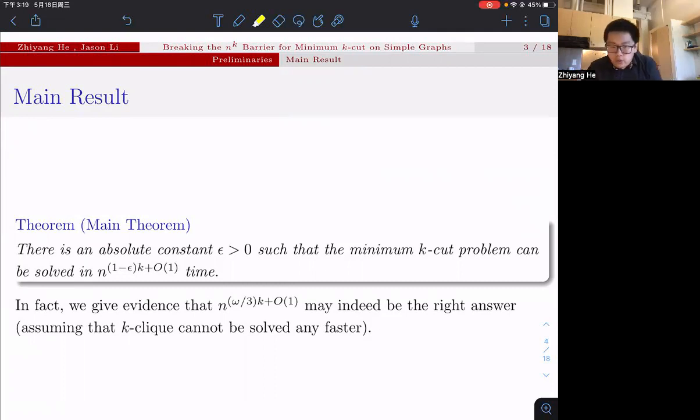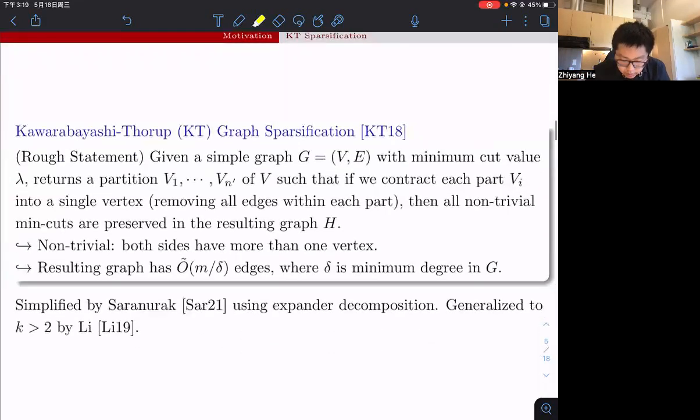Okay. So before we get to our main algorithm, let us try to lay down some motivation and intuition. We're going to introduce the most important technical component used in our proof, namely the Kawarabayashi-Thorup graph sparsification algorithm from 2018. Now, the sparsification procedure roughly says the following.